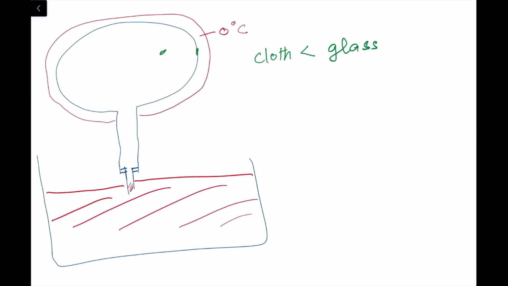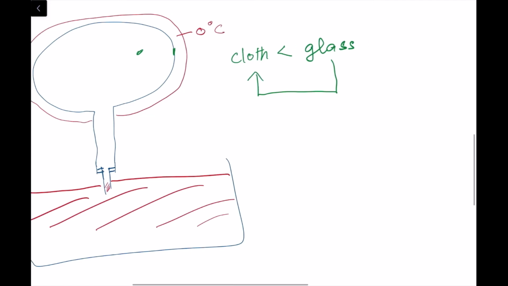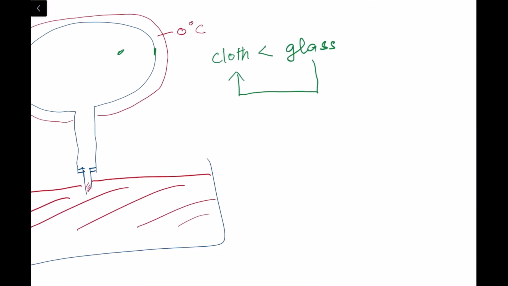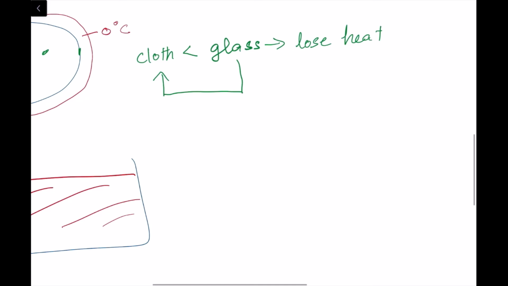We know that heat travels from a region of higher temperature to a region of lower temperature, which in this case would be from the glass to the cloth. So this causes the warmer glass to lose heat, and when this happens, the temperature of the glass decreases.